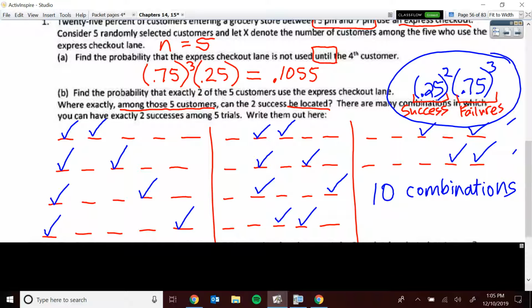So to find the probability that you have exactly 2 is 10 times that 2 successes times the 3 failures. That is how you would do a binomial situation.